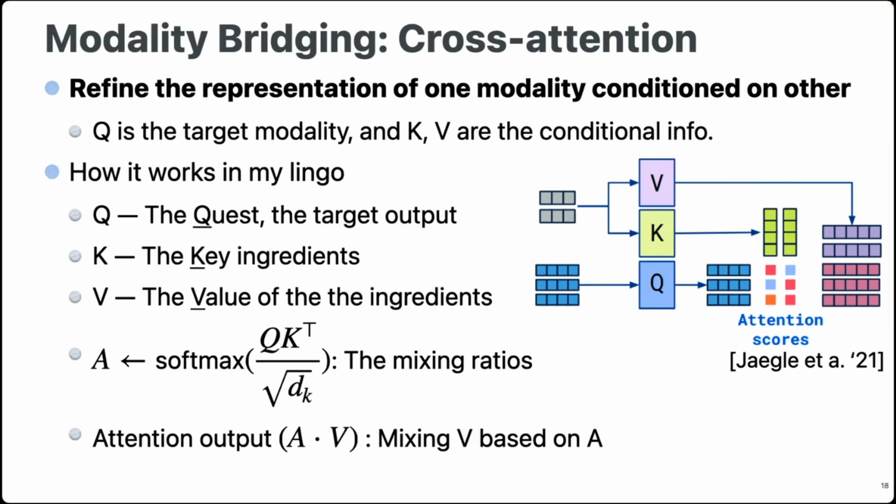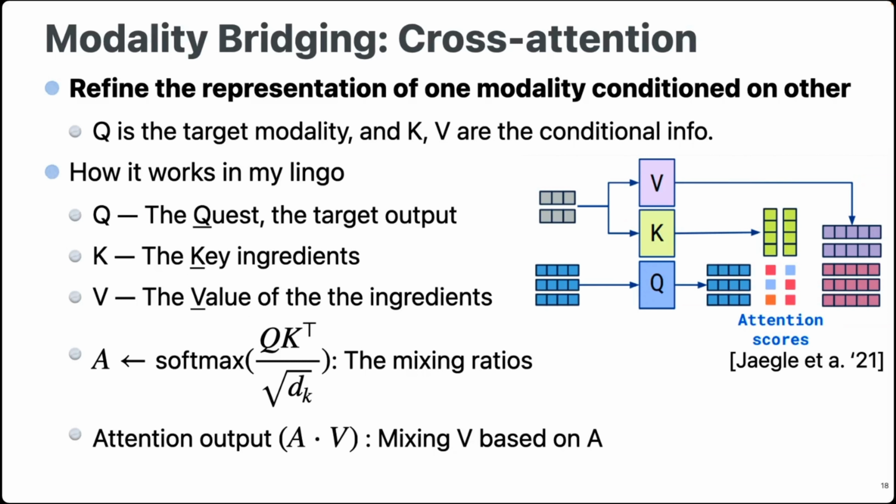So we take the ratios and use them to do a weighted average of the values and compute the final representation. The dimension of the output would be the same as the queries, because the query, remember, is the quest, the target output.